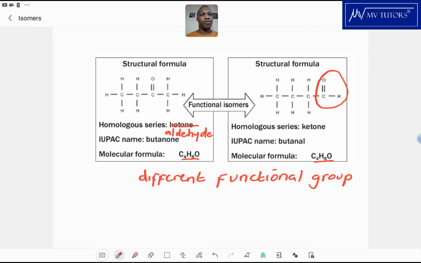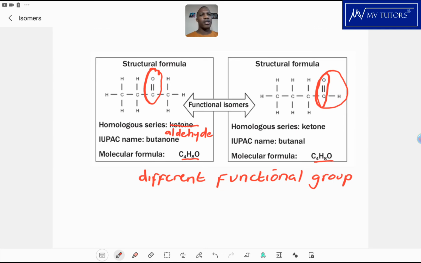So the functional group here is such that it's an aldehyde, and the difference between an aldehyde and a ketone, I've done a video on this, is that the functional group of an aldehyde is on the last carbon atom, whereas for a ketone, it's somewhere in the middle. As you can see from here, it's somewhere in the middle.